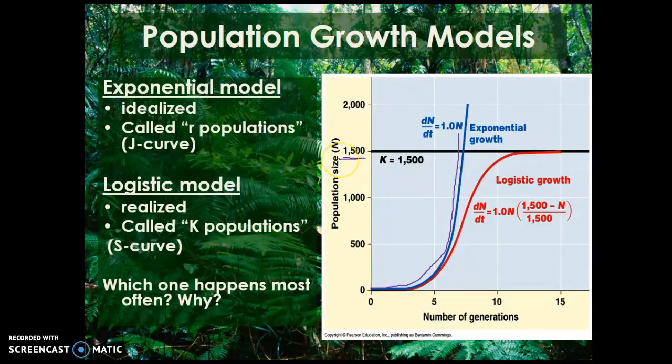For this hypothetical population, it's 1,500, and that's when we get the S-shaped curve of this logistic growth. We call this number the carrying capacity of that population. This is how many organisms of that population the environment can actually sustain.